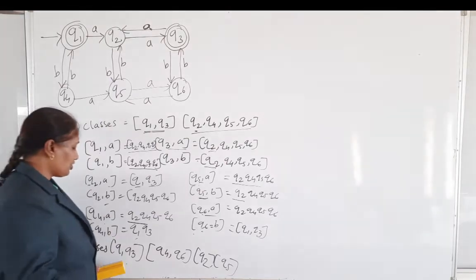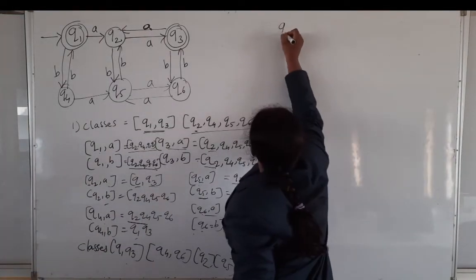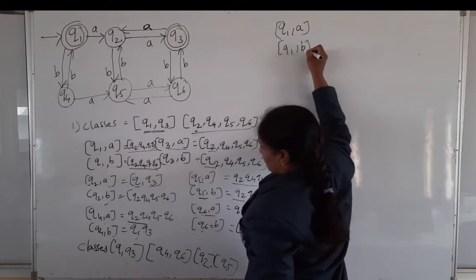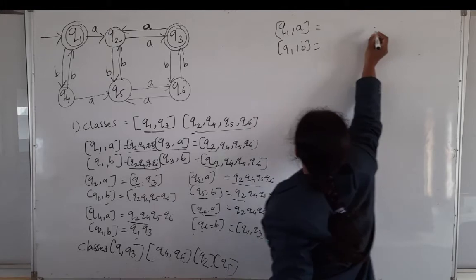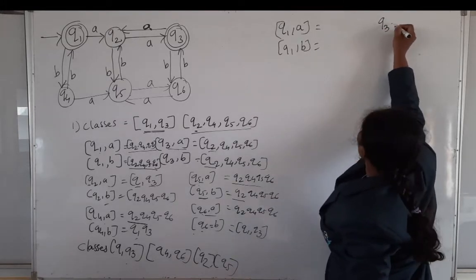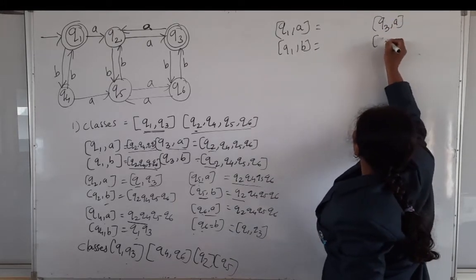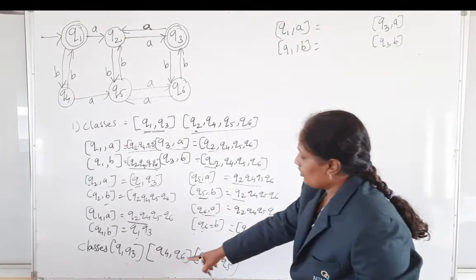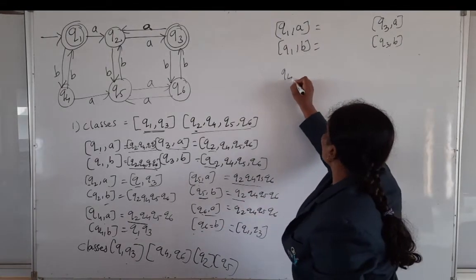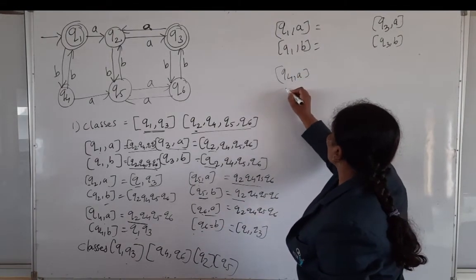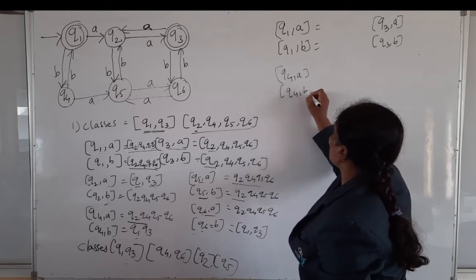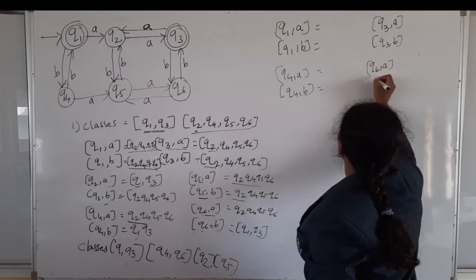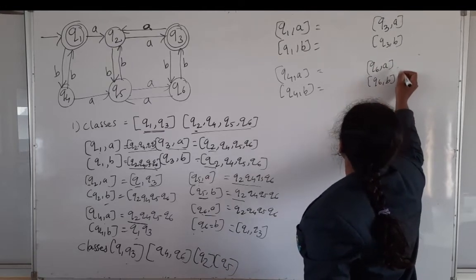So for that I should check Q1 of A, Q1 of B. Next, Q3 of A, Q3 of B. Q4 and Q6 I should check. Q4 of A, Q4 of B, Q6 of A, Q6 of B.